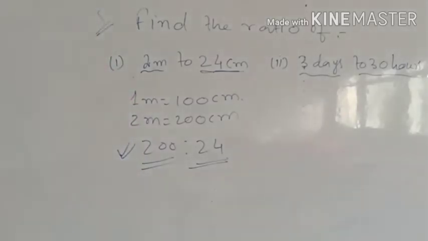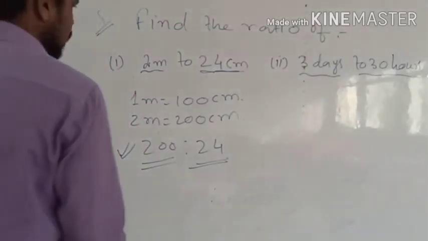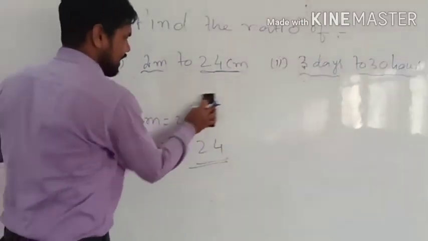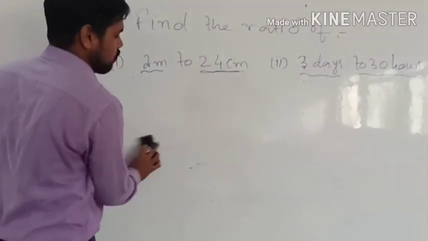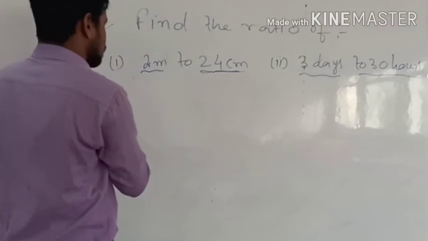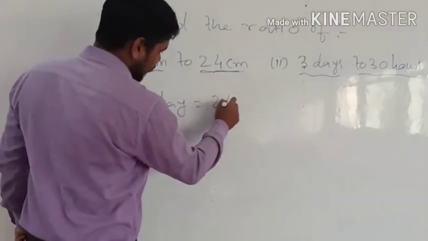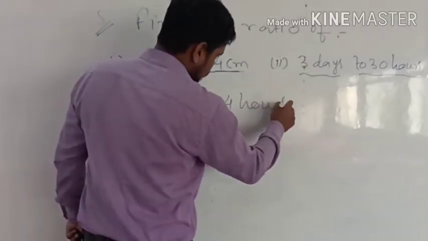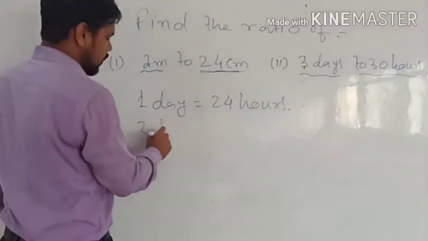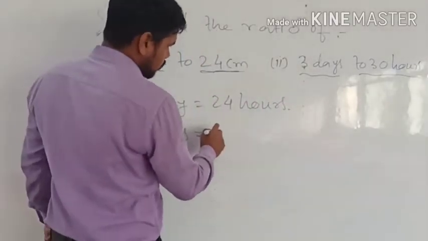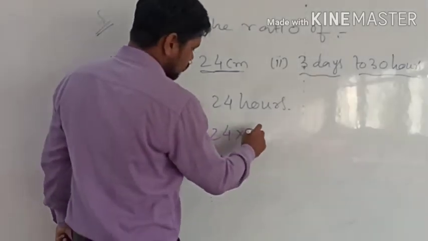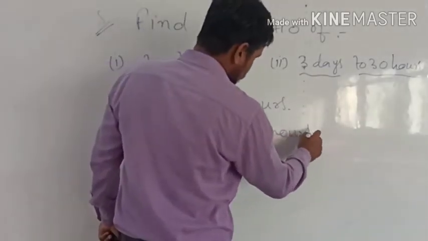And the same in case of the second question also. If one is in days and another is in hours, then first you have to convert the days into hours. So we know 1 day is equal to 24 hours. So 3 days will be equal to 24 into 3 hours. Okay.